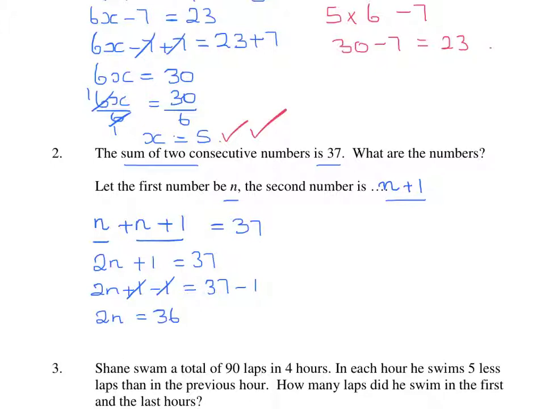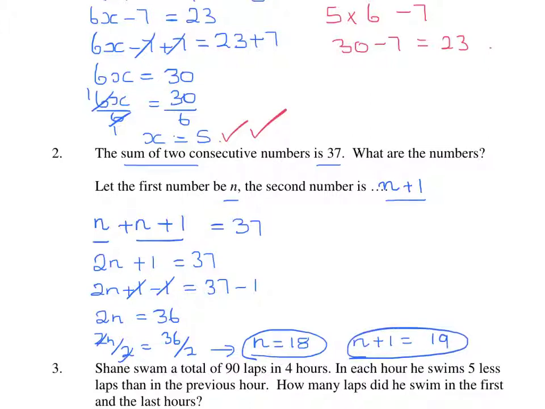So now to find n, it's 2n divided by 2 equals 36 divided by 2. That's going to give us n is equal to 18. So we're told the first number is equal to 18. So the second number is n plus 1, so n plus 1 must be 19.